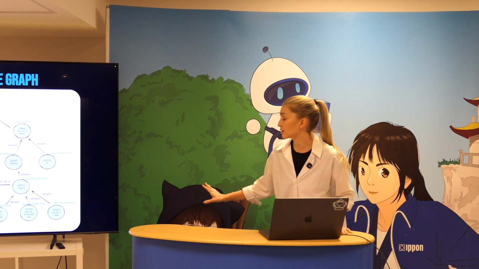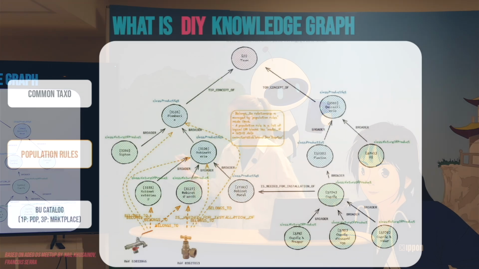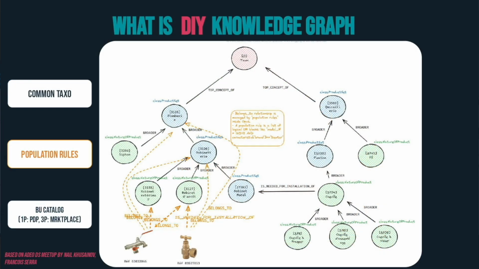So this is an example with the real products from our knowledge graph. So you can see that we have one taxonomy tree, some concepts that belongs to others, some concepts that are used to install another concept. Products belong to different levels of the hierarchy in the knowledge graph.